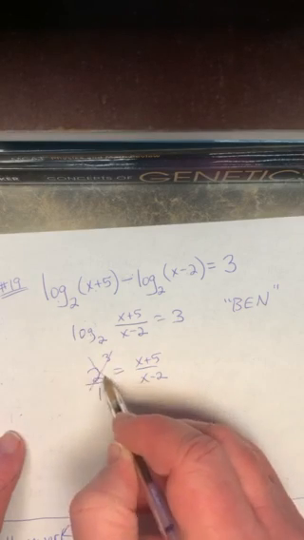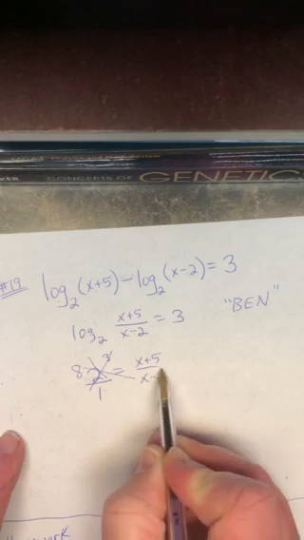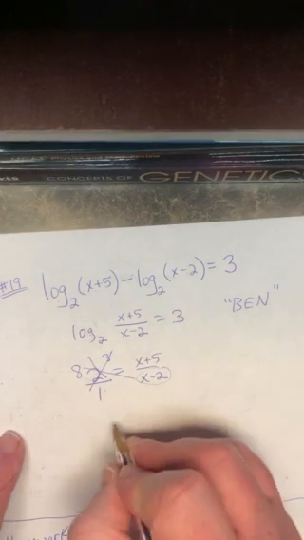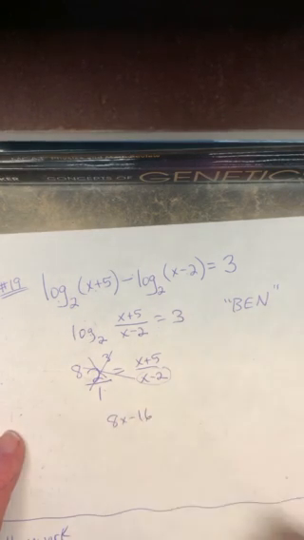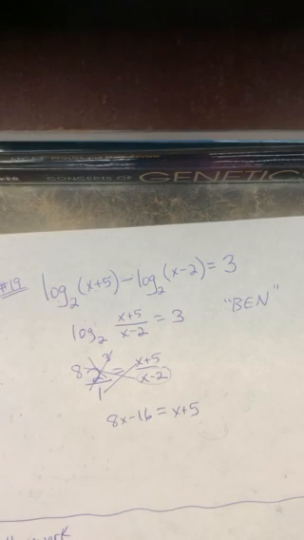So if this is really an 8, and I cross multiply it times that x minus 2, I get 8x minus 16 equals, and then I cross multiply here and get what? X plus 5. Oh, good. It's not even a quadratic equation, is it? It's just a nice linear equation from Algebra 1.